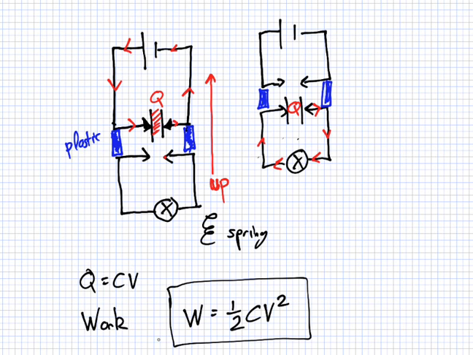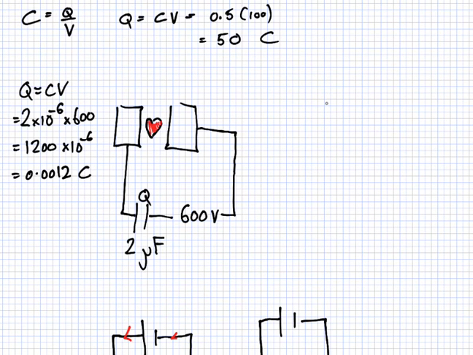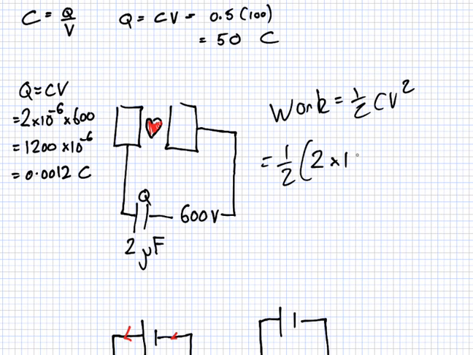So let's go back to the example we had in the hospital. Let's see how much work can be done here. It's a half CV squared, so that's a half times 2 times 10 to the minus 6 times 600 squared. What's that, please?